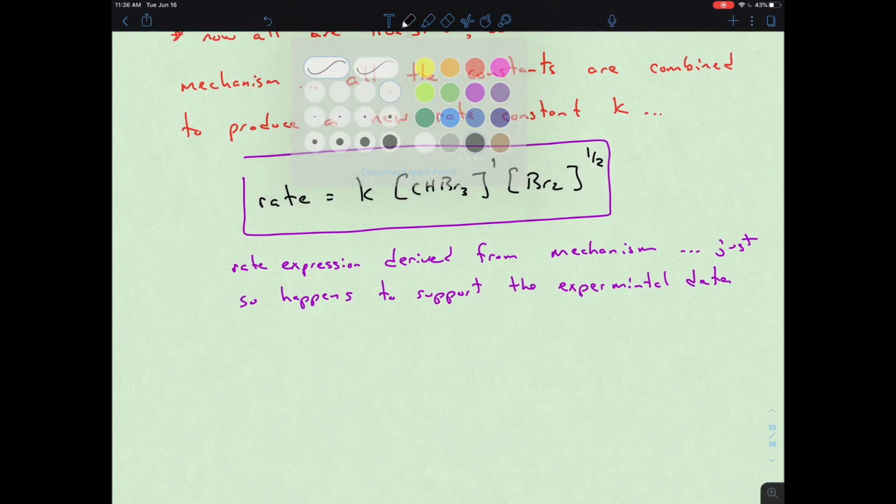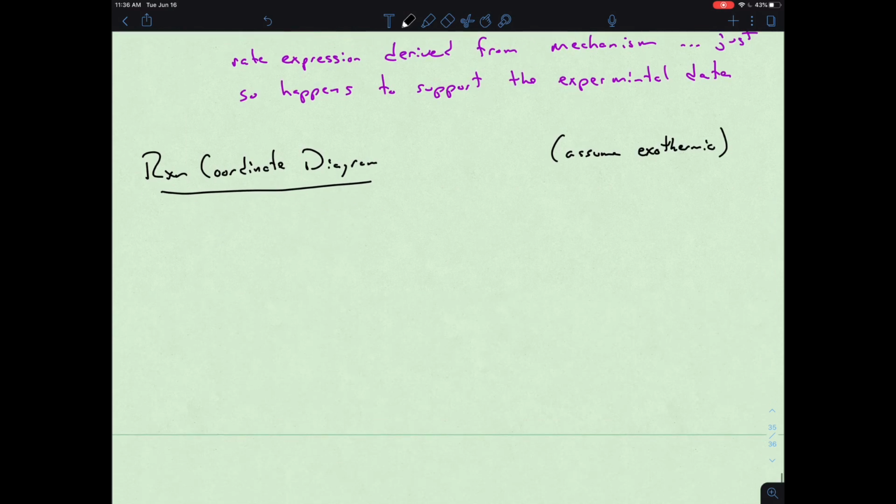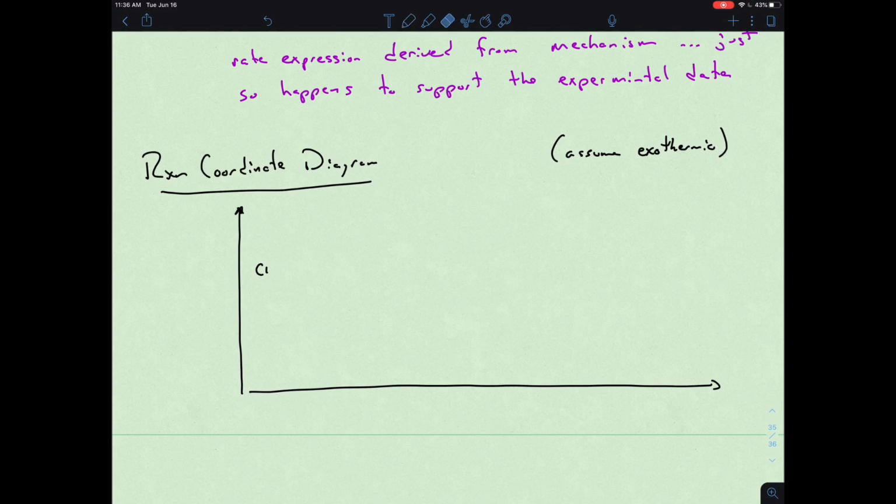We can now look at this reaction coordinate diagram. Again, we're just going to keep assuming exothermic for the nature of this drawing. And we have our CHBr3, we have our bromine, we have our carbon tetrabromide, and our HBr products.